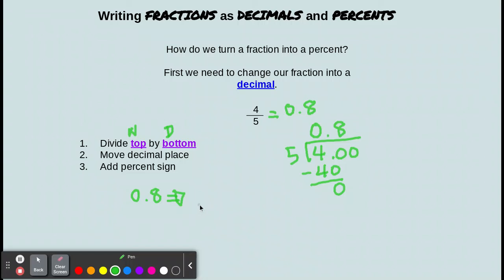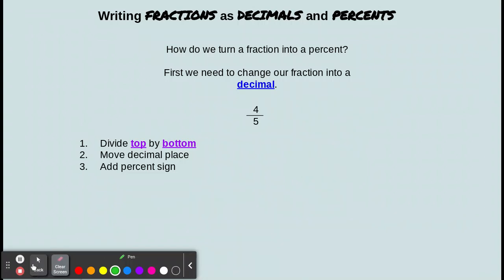By multiplying it by 100, or moving the decimal places 2 places to the right. So if we have 0.8, we want to go 1, 2. So what are we left with? 80, and then we add the percent sign, percent. So 4/5 is the same as 0.8, which is the same as 80%.